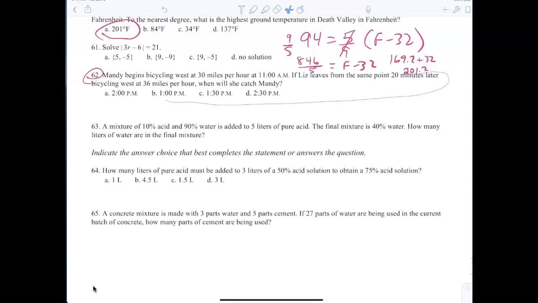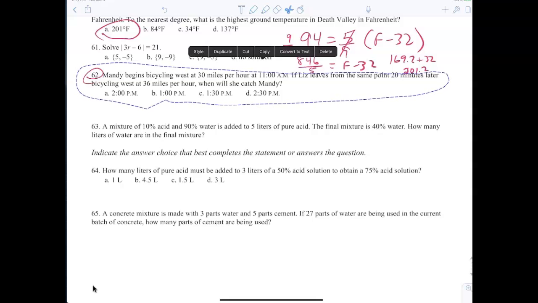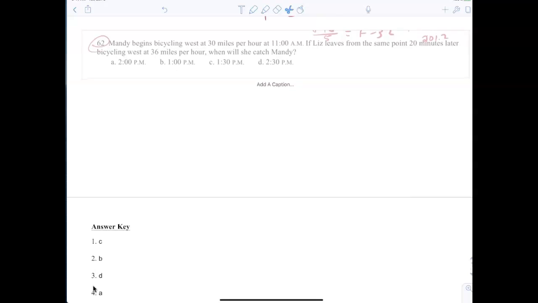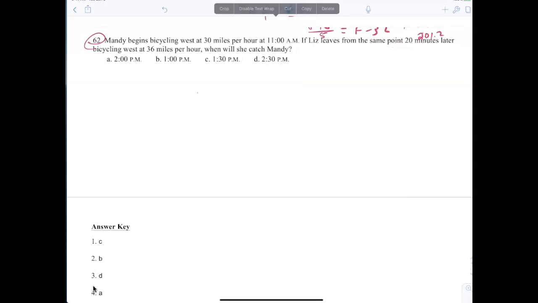So Mandy's starting, and she's traveling at 30 miles per hour, right? Do we know how long she's traveled for? No, t. So this would be t. Can somebody tell me her distance?